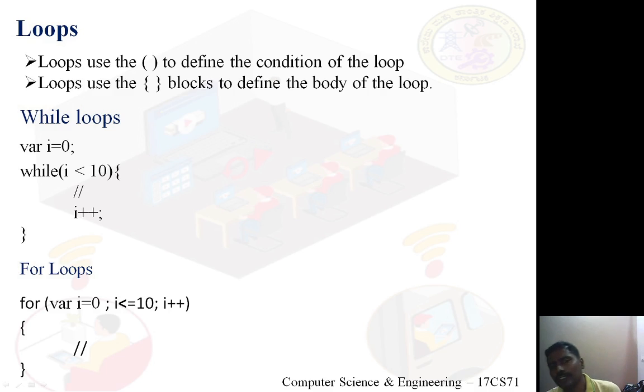As you can see in this example of while loop, I have initialized a variable I with 0. Then in while, first the condition is checked. If I is less than 10, execute the block, increment I, and repeat this execution until I becomes 10. The same is implemented using a for loop.